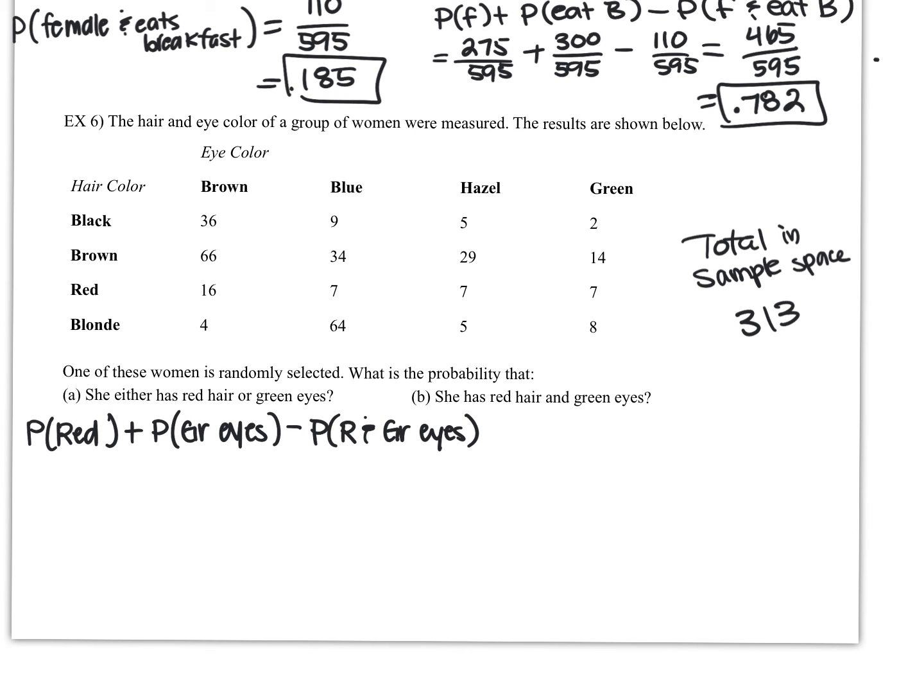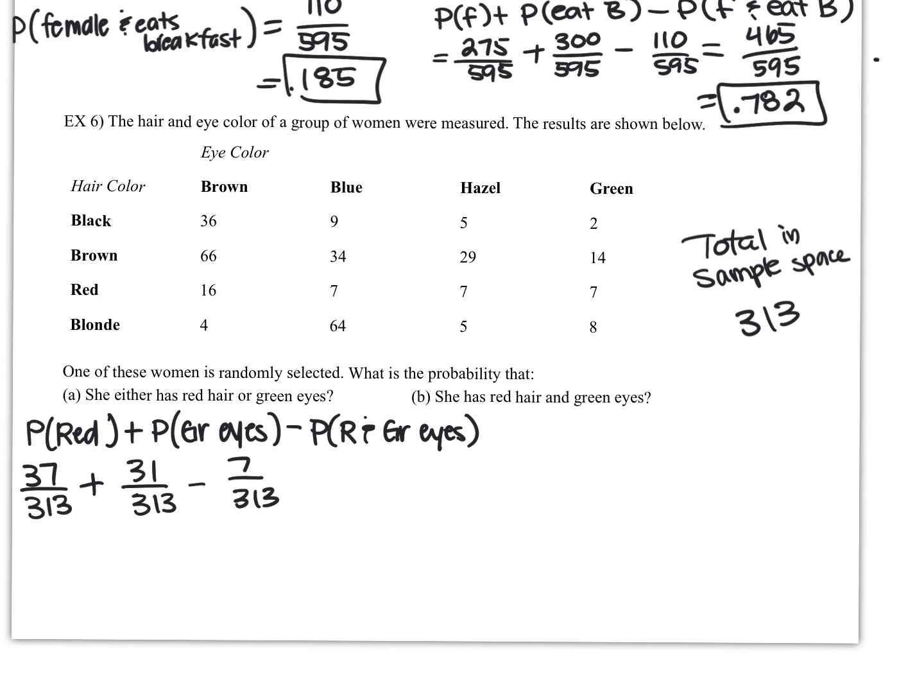So probability of red hair. I'm going to have to add that row together. So 16 plus 7 plus 7 plus 7 gives us 37 out of the 313, plus the probability of green eyes, so 2 plus 14 plus 7 plus 8 is 31 out of 313, minus having red hair and green eyes, which is 7 out of the 313.